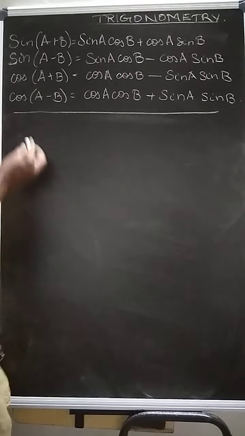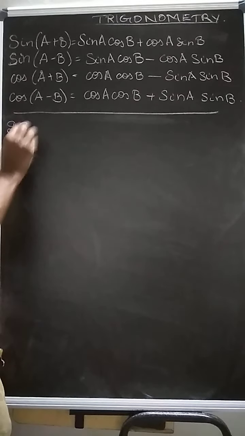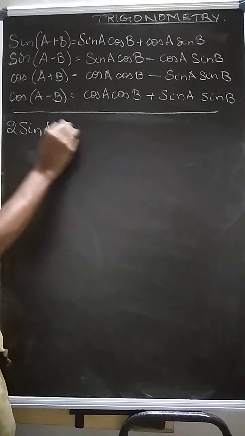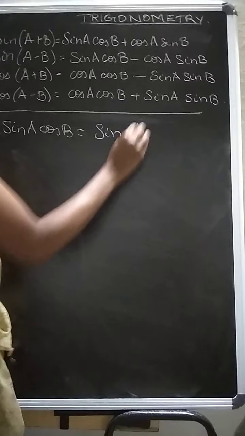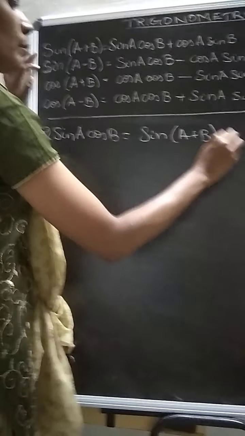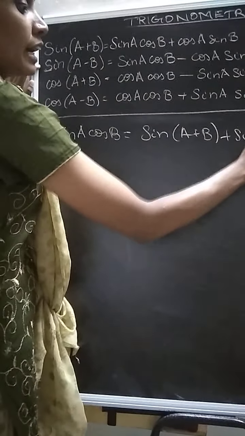Now, with these formulas, what are we going to write next? 2 sin a cos b. So, see here, where is 2 sin a cos b? So, what is your answer? Sin(a plus b) plus sin(a minus b).